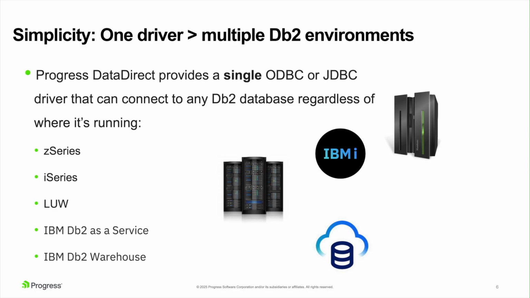So as far as simplicity, the first thing to consider is that with DataDirect, we have a single driver, whether it's ODBC or JDBC, that can connect to any DB2 database, regardless of the platform on which it's running, whether it's on a mainframe on Z series, whether it's I series, formerly known as AS400, or whether it's Linux, Unix, or Windows. And then even, more recently, DB2 as a service or DB2 warehouse, these things running in the cloud.